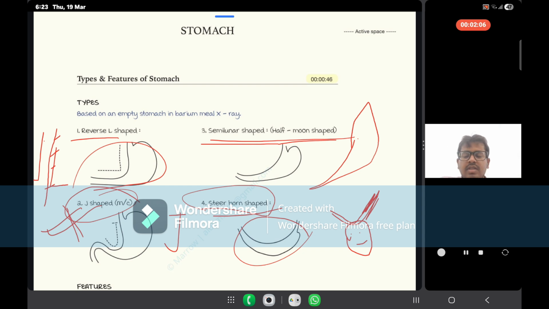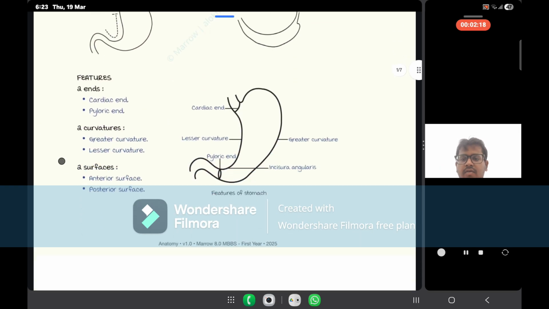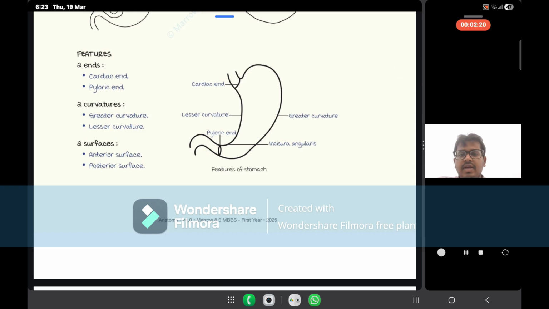First of all, there are four shapes you must see: reverse L shaped, second semi lunar shape, third J shaped, and fourth steer horn shaped. The most common is the J shaped.